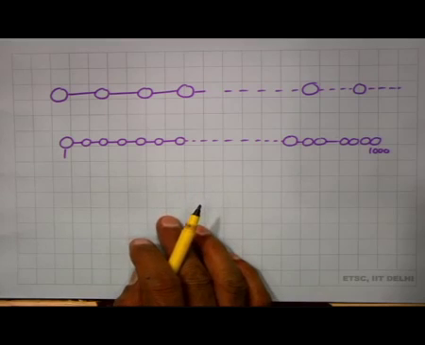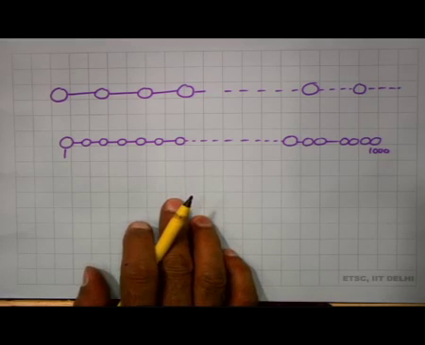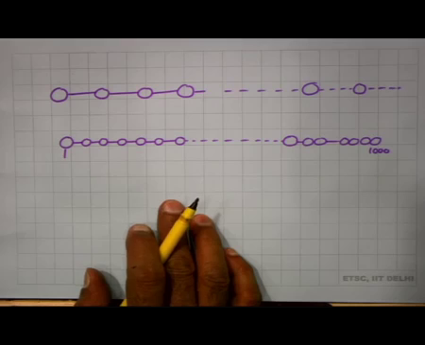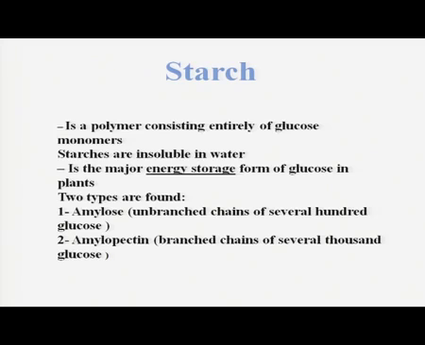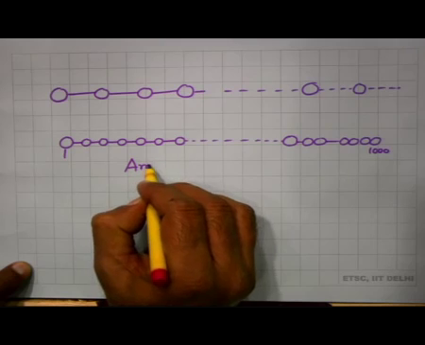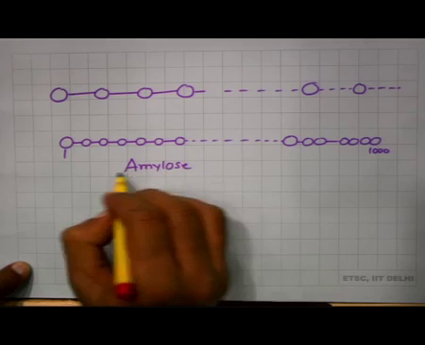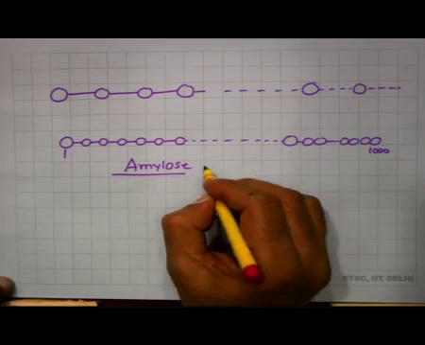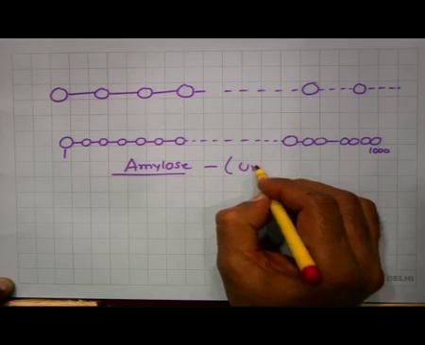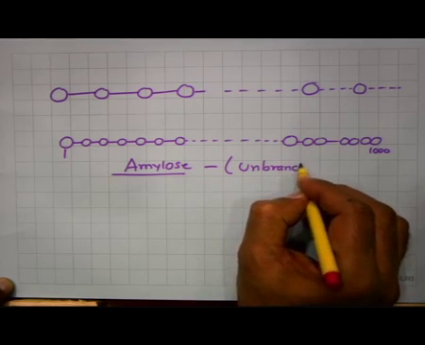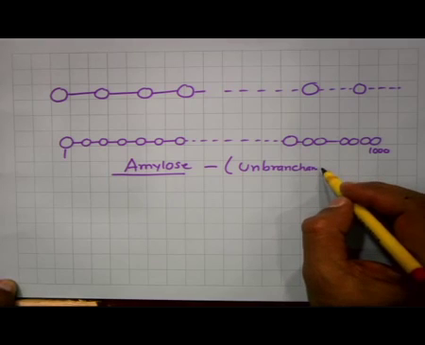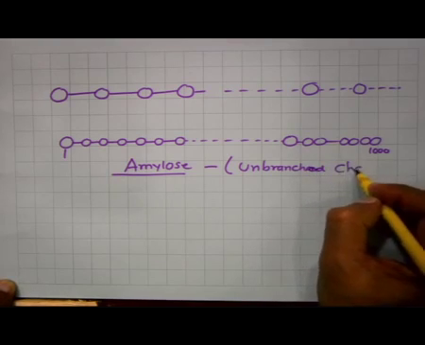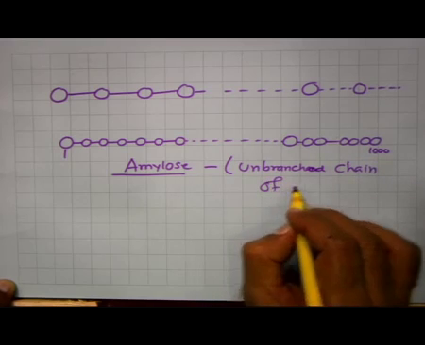So, when the 1000 glucose molecules are combined with the help of glycosidic bonds, that forms the linear structure of glucose, and that linear structure of glucose is called amylose. Amylose we can simply say is the unbranched chain of glucose.